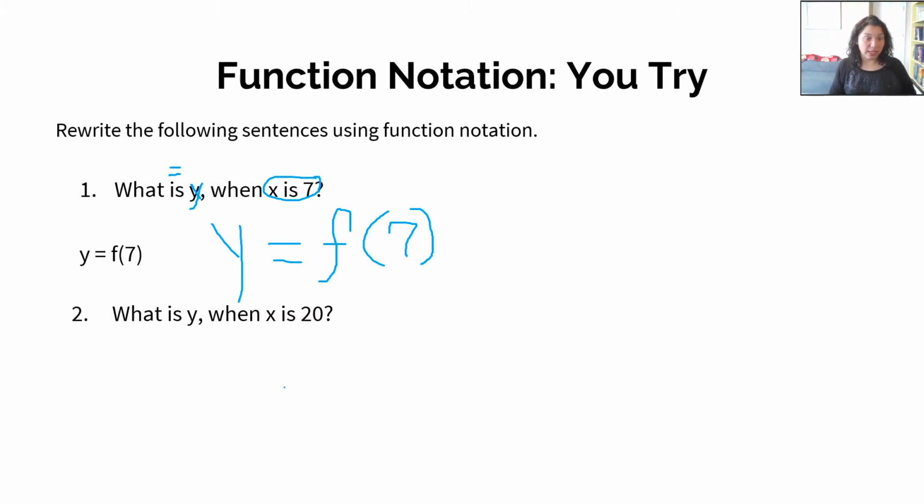Again, we would take my is and my Y and we flip it. And then this is my input. So we would get Y is equal to F of 20. Right now, we're just working on converting words to math, because I know that's where a lot of things get pretty confusing.